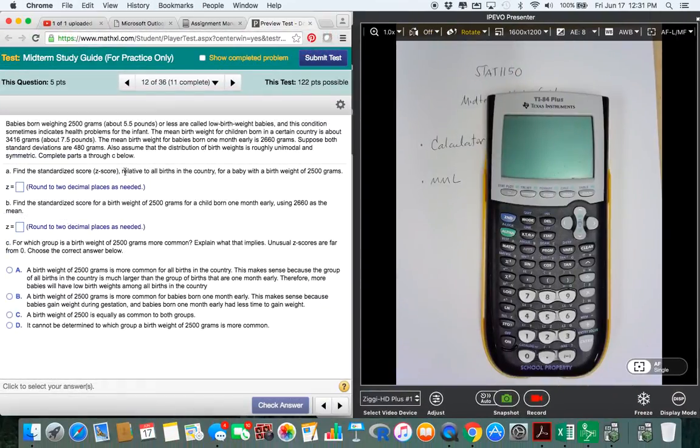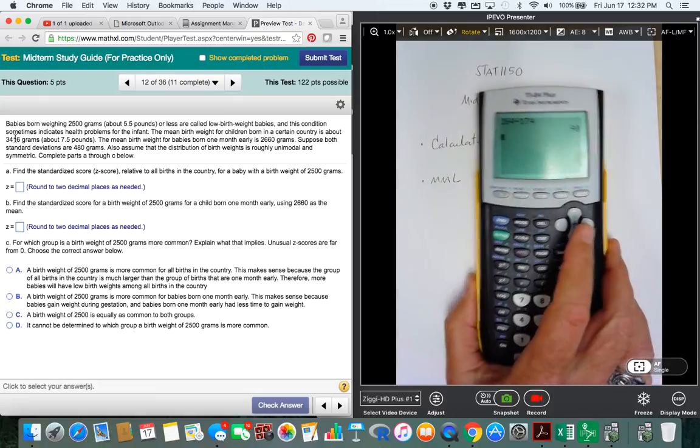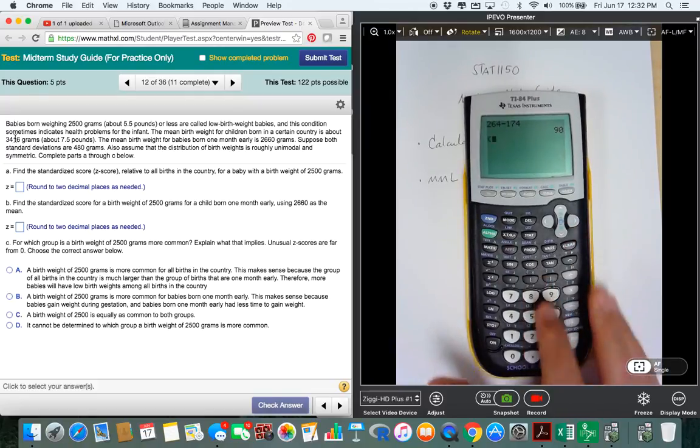So the first one for 2,500, for all births in this 2,500. So the mean is about 1 month early. Okay, so this is kind of confusing. So it's 3416. So I need to find the z-score for the 2,500.